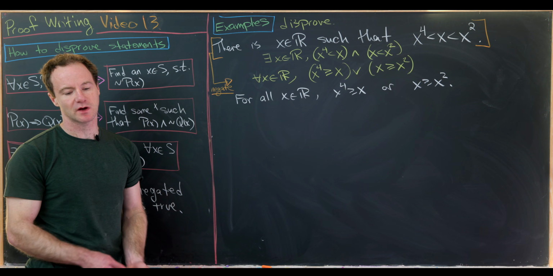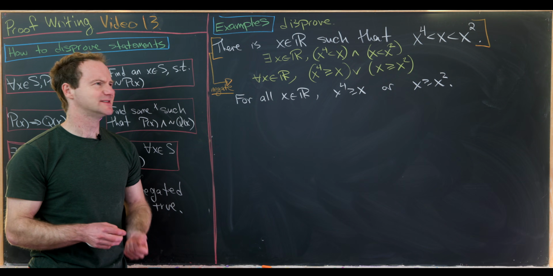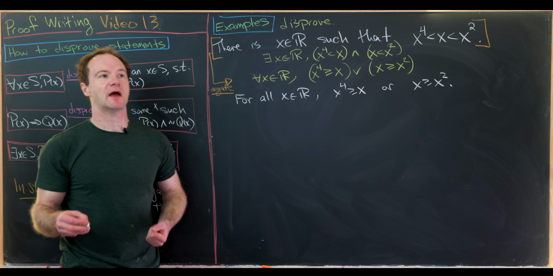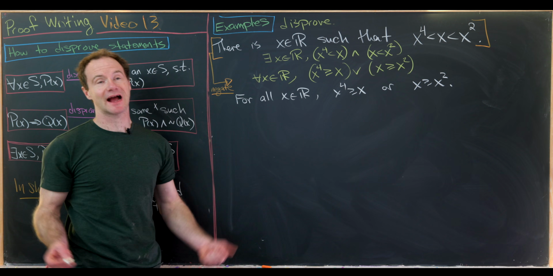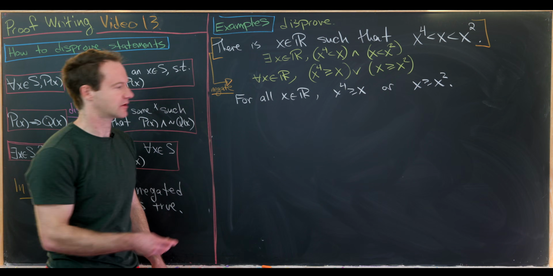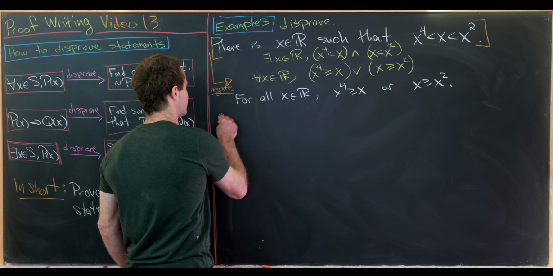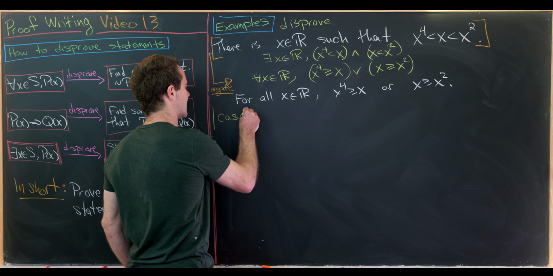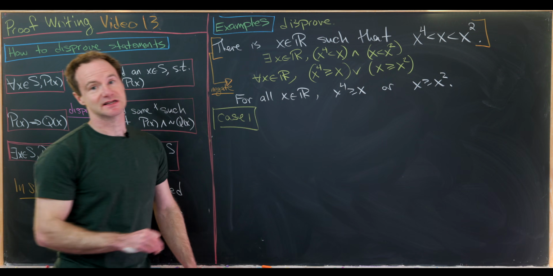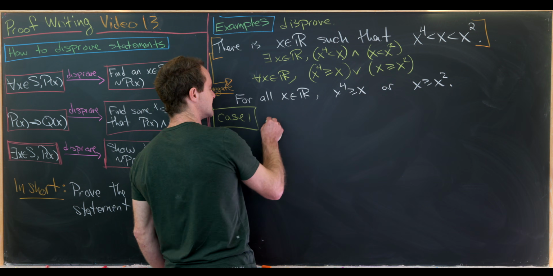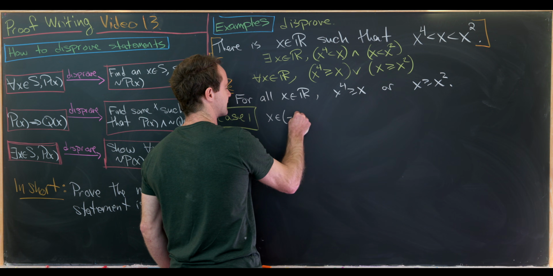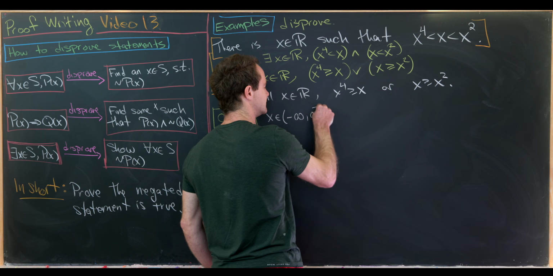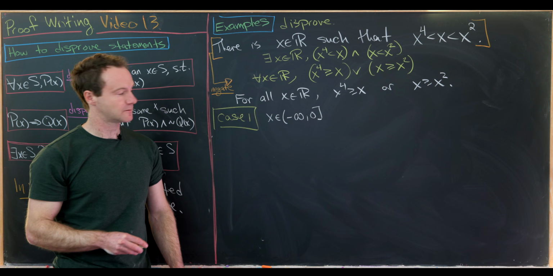And we'll break this into a couple of cases. And these cases are maybe inspired by how we know the real numbers act from maybe a pre-calculus or a calculus class. So for my first case, I'll look at everything where x is less than or equal to 0. So in other words, x will come from the interval minus infinity up to 0, including 0.